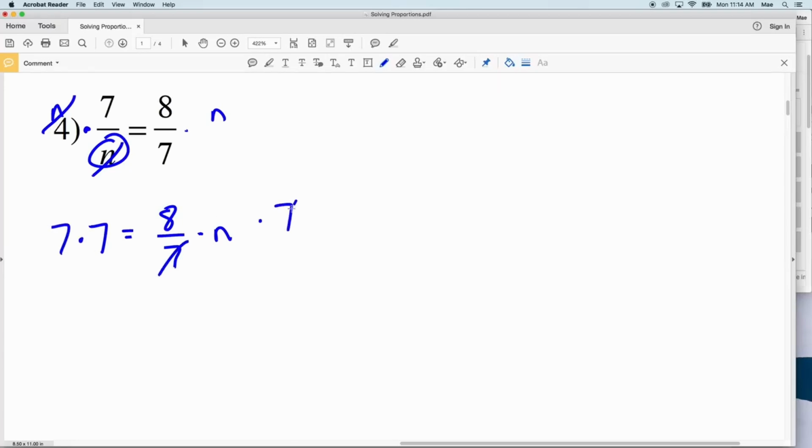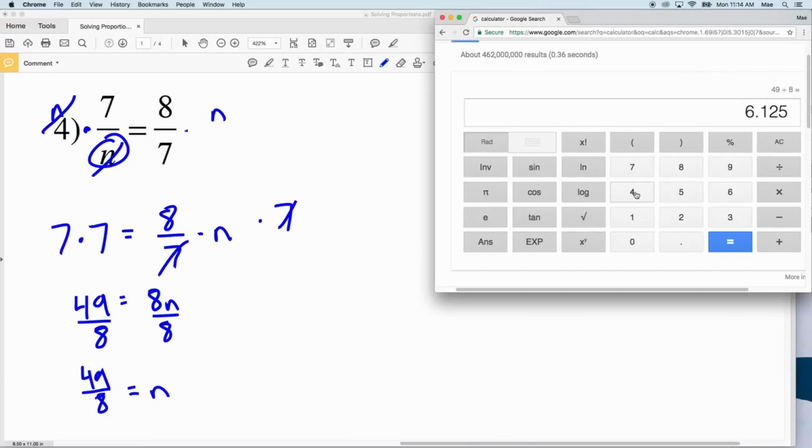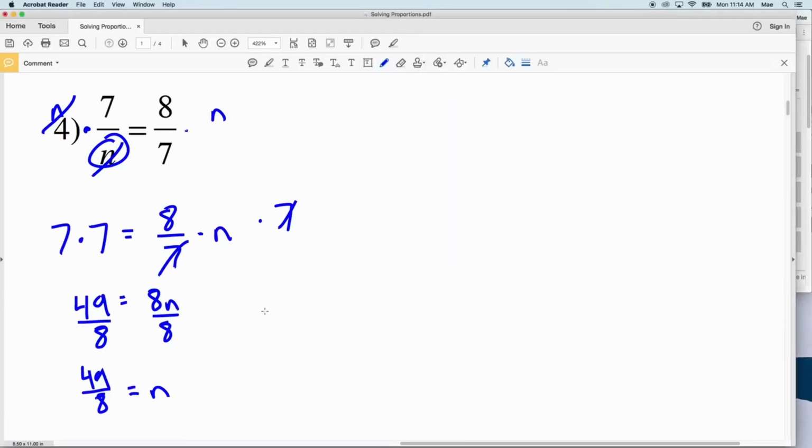The 7s will cancel each other out on the right, and we'll be left with 49 equal to 8 times n, so 8n. Then divide both sides by 8 to get that 49 over 8 is equal to n, and we type that into our calculator. We'll get 6.125. So 6.125 is equal to n.